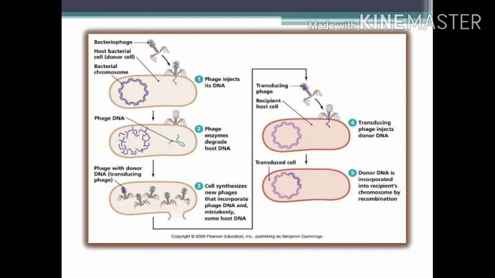This phage has phage DNA, but this phage has bacterial DNA. How is this possible? This is the transduction process. It means that when the phage protein is duplicating, the bacterial DNA will replace the phage DNA in that place.